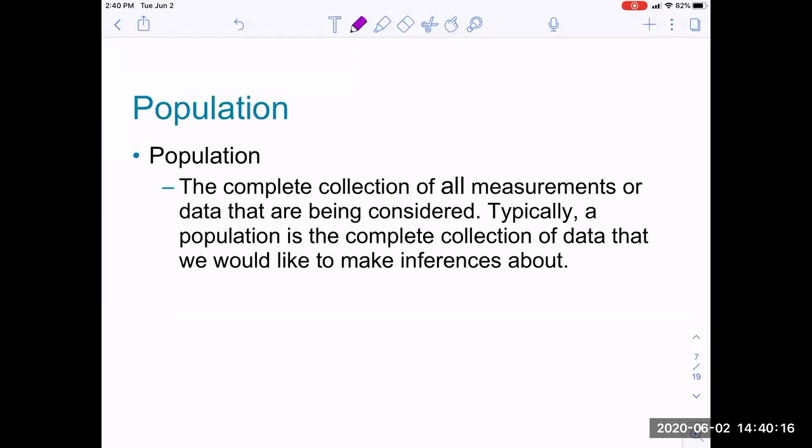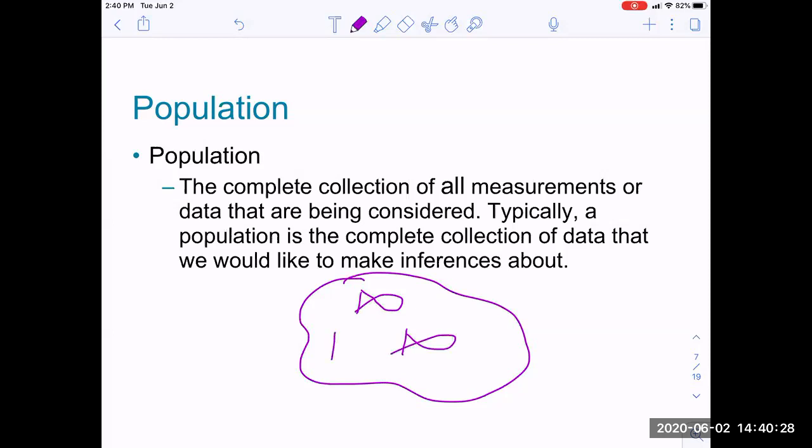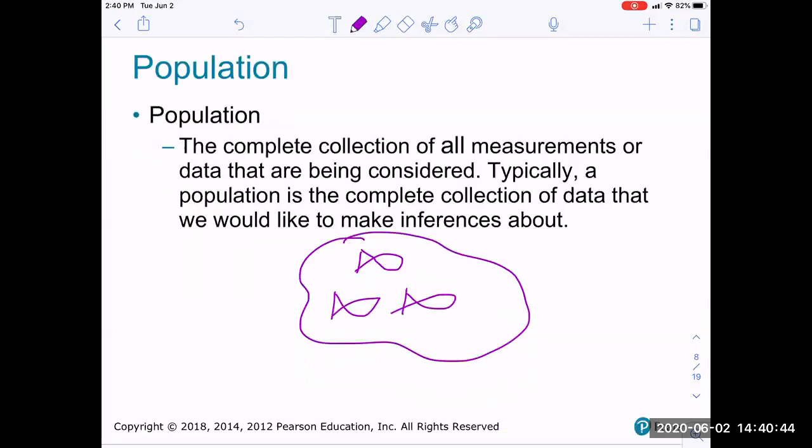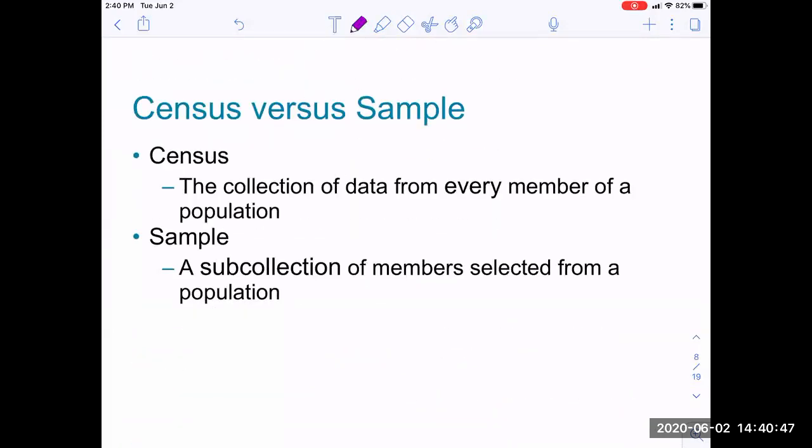So what we're really trying to do is, if you think of fish in a lake, that's my population. So here's a lake, and I got a bunch of fish in it. Well, there's no way I can get all the fish and make measurements from every one of them. So it's really hard to make measurements from every subject in a population. So that's where statistics comes in.